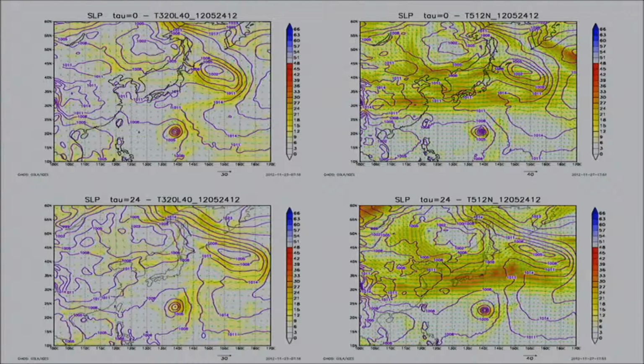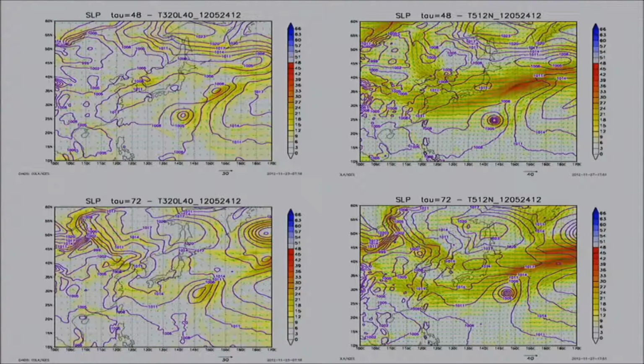If we look at 24/12Z, you can see the intensity of the typhoon has increased. You can see the high resolution model gets a better result. This is the 48 hour and this is the 72 hour forecast. Compared to the operational model, it gets a better result.